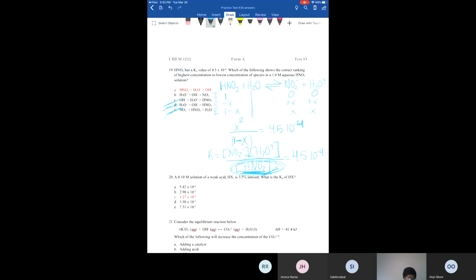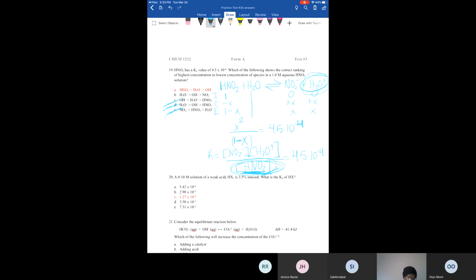Then you know HNO2 is an acid, so you're forming H3O plus in your reaction. That means it's going to be acidic, so you're going to have more H3O plus than OH minus, which A and B both have.